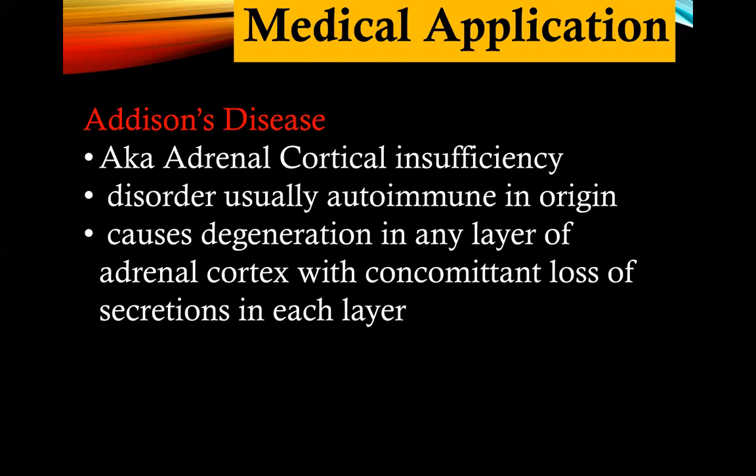The answer is no, because Addison's disease only affects the adrenal cortex, not the adrenal medulla. So in Addison's disease, there is an effect on the secretion of your mineralocorticoid, aldosterone, glucocorticoids, and weak androgens, but not the catecholamines.